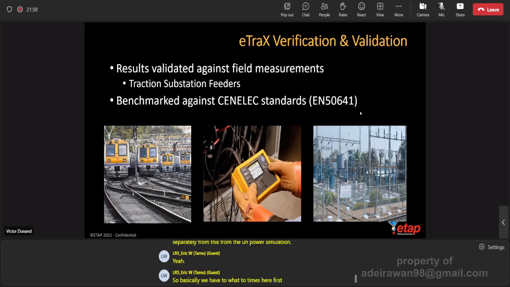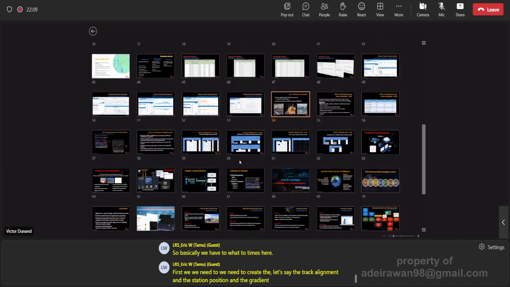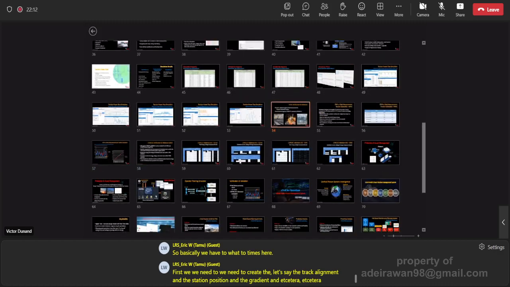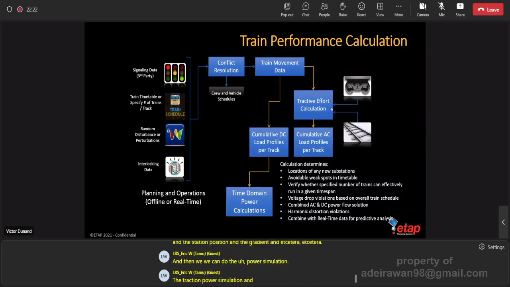First, we need to create the track alignment, the station position, the gradient, etc. And then we can do the traction power simulation, and our software is limited to only traction power simulation. We cannot simulate any other power simulation. Okay.